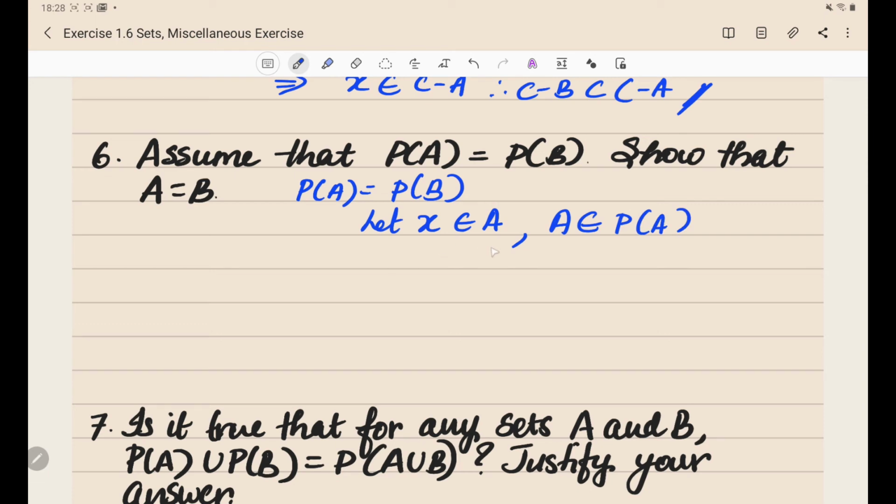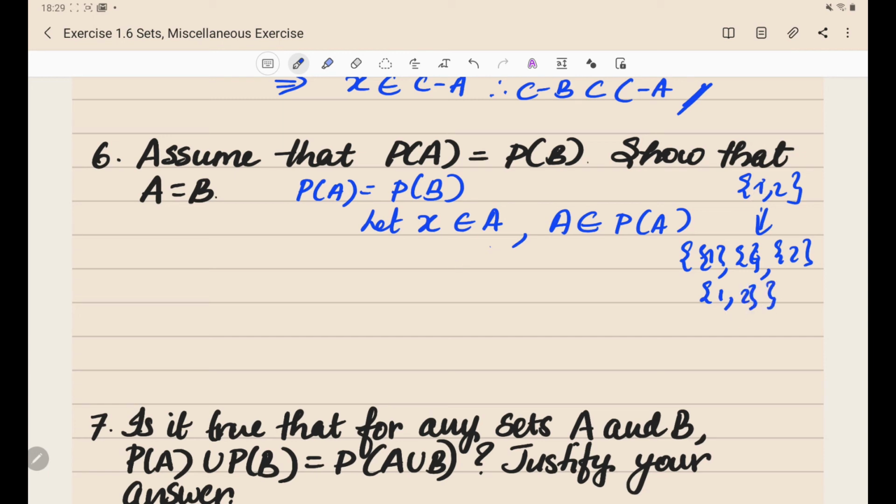Where x is an element of A, then A is like an element in the power set of A, right? For example, if you take the set {1, 2}, what is the power set of it? The set {1}, or the empty set, then {2}, again {1, 2}. So these are the elements of the set, right?